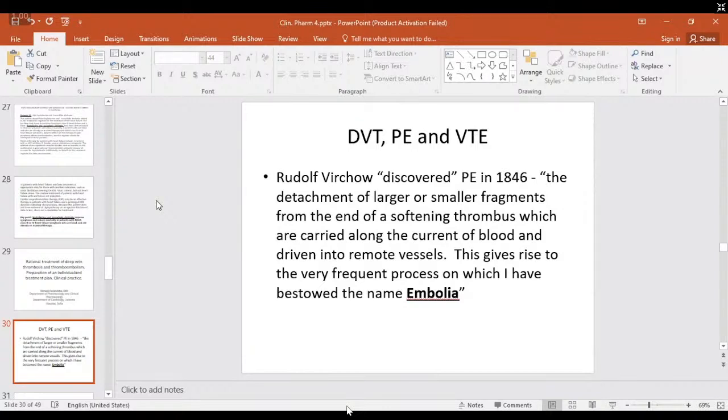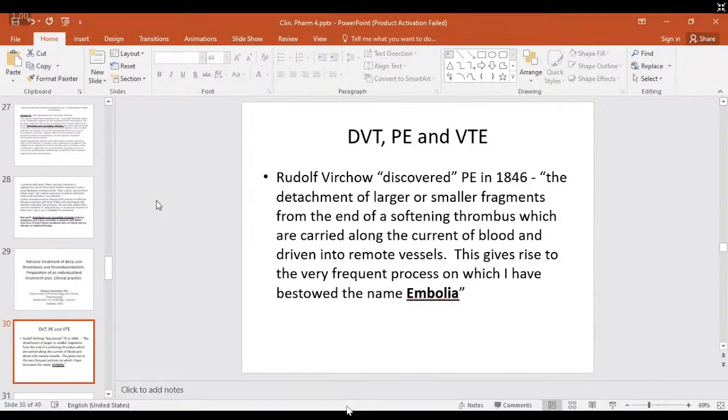And he actually named this disease and made the connection between a deep venous thrombosis going into the pulmonary arteries and occluding them.